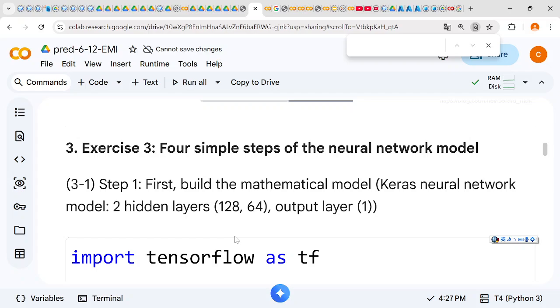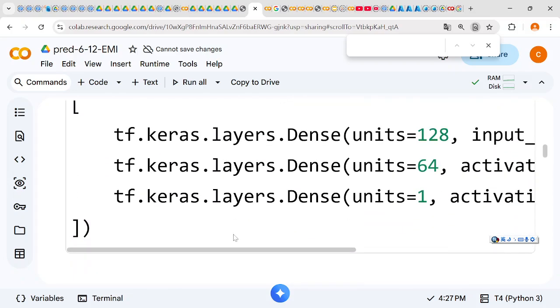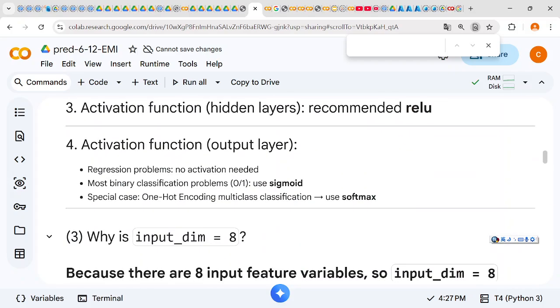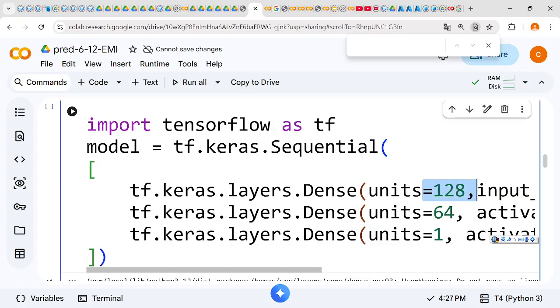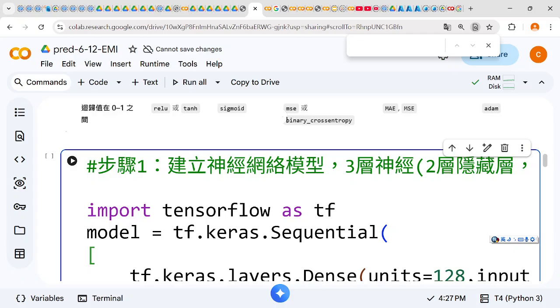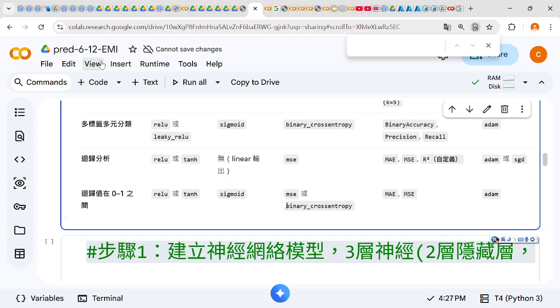And the third exercise is 4 simple steps of a neural network model. Step 1 is to build a mathematical model. So here I want to build a model like here. And I use the units, we have the neurons about 861. So for the first step I write this by myself.